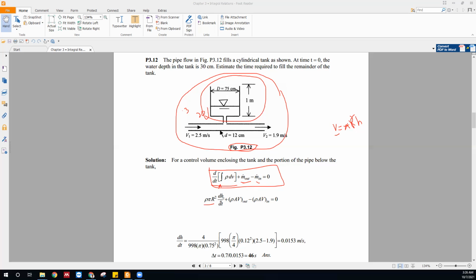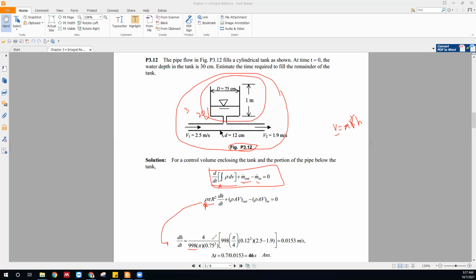Now if we rearrange this equation, we should get dh/dt equals, this goes on the right side, and this should divide. So it will look like 4 by 998, where 998 is rho, the density of water, then pi multiplied by r square.